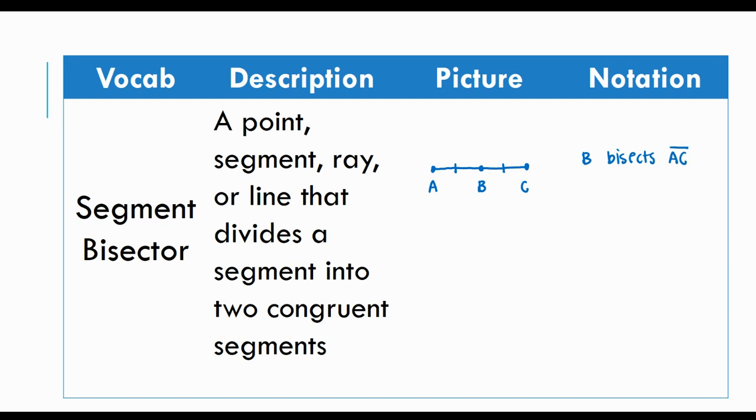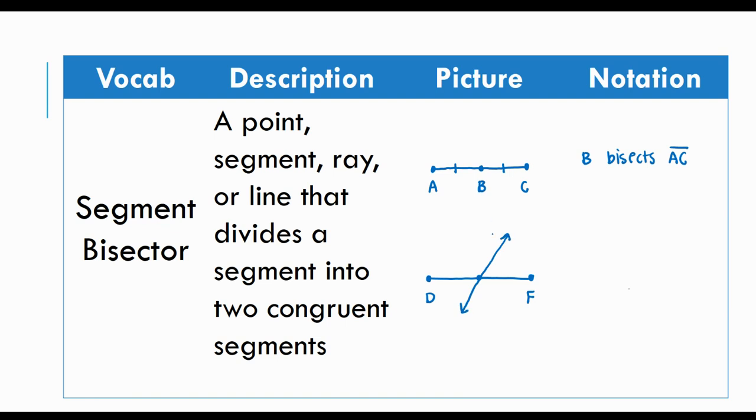Okay, I'm going to give you another picture. So say we have our segment, let's call it DF. And this time I'll show you that, once again, it doesn't just have to be a point, but it could be another segment, a ray, or a line. Let me say that we do a line this time.